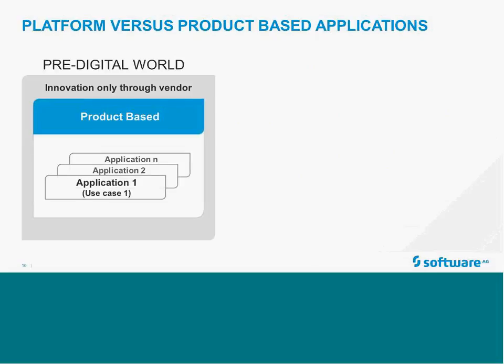We want to talk a little bit about the pre-digital world. The innovations were through the vendors. If you did a COTS package, it was product-based. Even your custom applications that you build today, they've been around for a long, long time. They're inflexible, they're slow, they're complex.